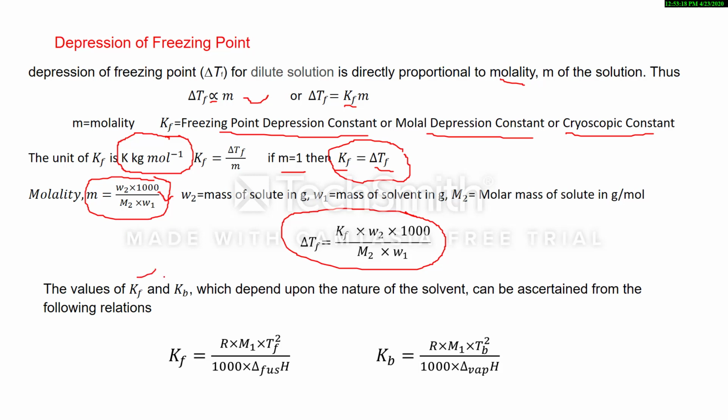Now actually the values of Kf and Kb depend on the nature of the solvent, and they can be found out by these relationships.